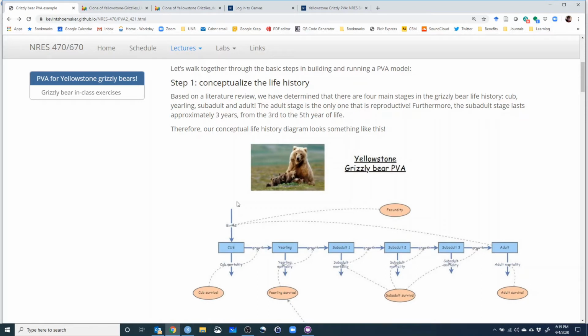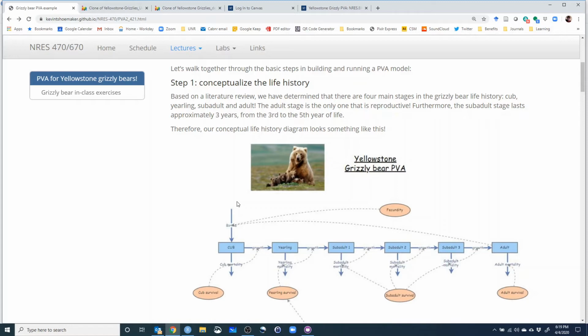We're going to divide it up into a cub stage, a yearling stage, which is the first year of life, individuals in that first year, subadult, and adult. And the adult stage is the only reproductive stage, so subadults are non-reproductive. The subadult stage lasts approximately 3 years in grizzly bears. So that is the 3rd, 4th, and 5th year of life you can consider as being subadult stage.